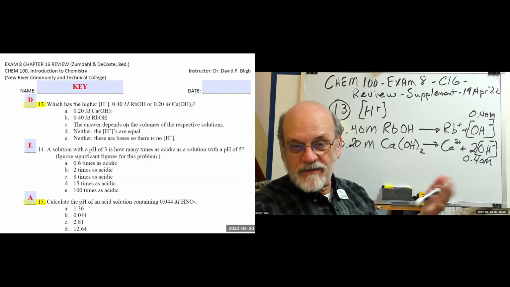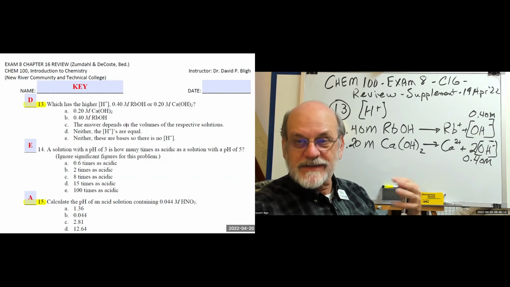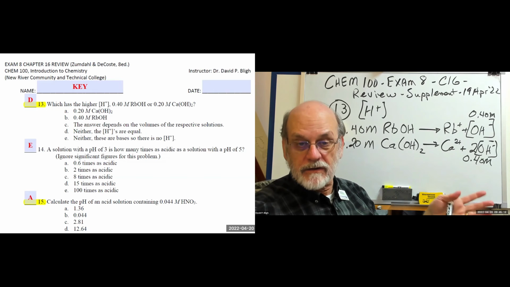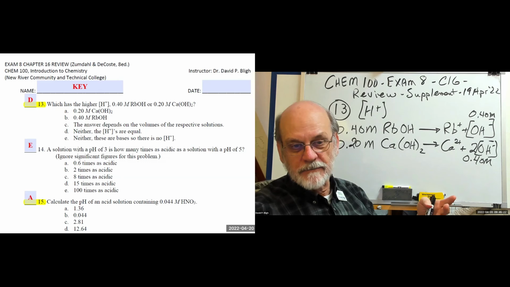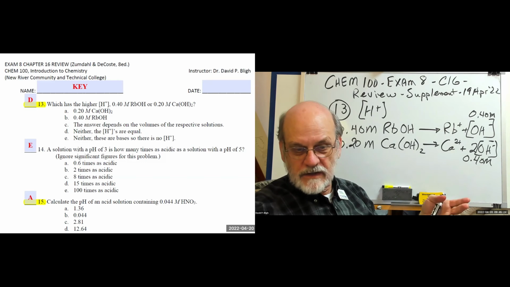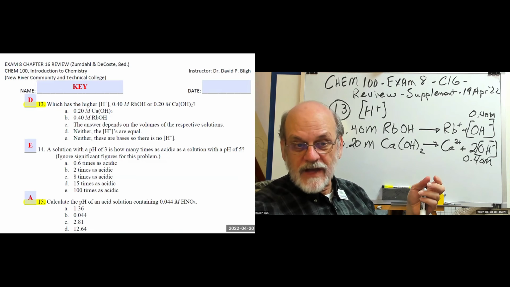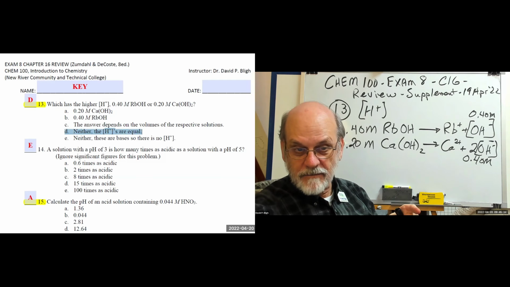The answer doesn't depend on the volumes because we're given concentrations, right? That's an intensive property, which means the volume doesn't matter. Concentration will be the same no matter how much volume you have. So C isn't the right one. Neither is higher. The hydrogen ion concentrations are equal. That's your answer right there.